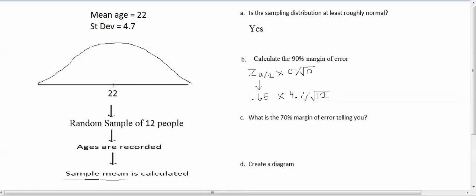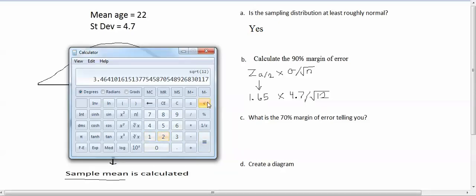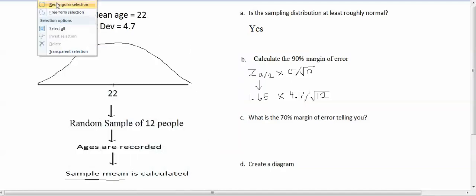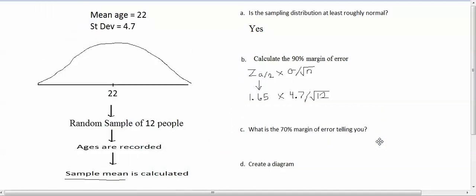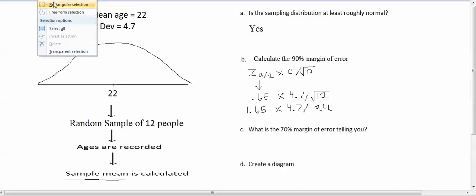So let's find the square root of 12. It's 3.46. Next, we're going to divide the fraction.